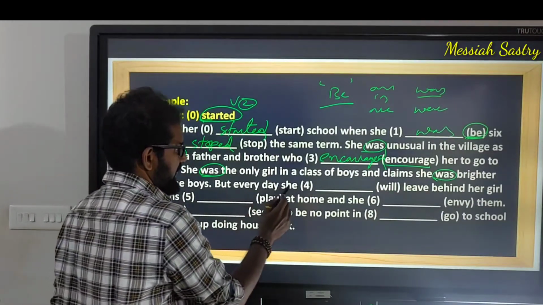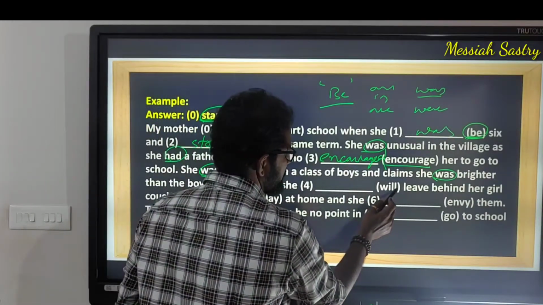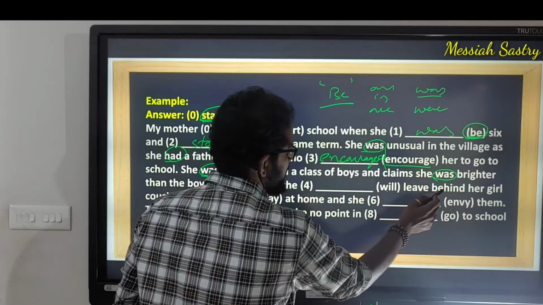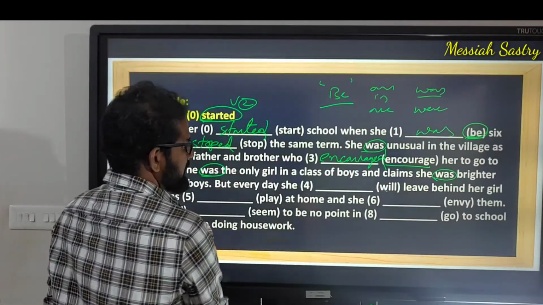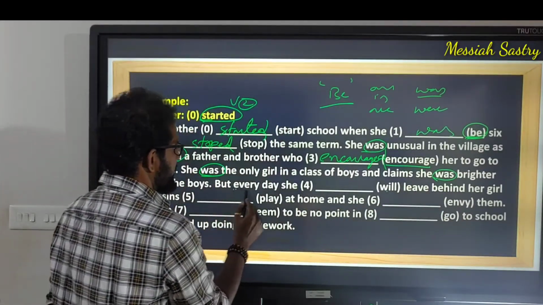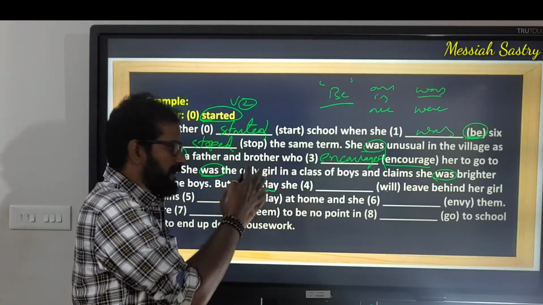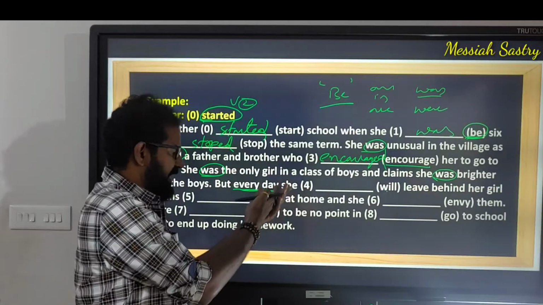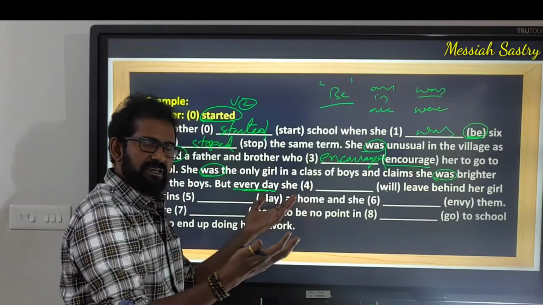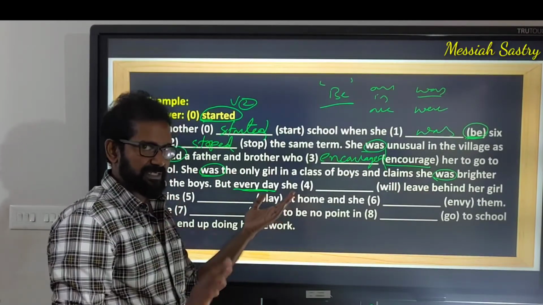But every day she, leave, will leave behind her girl cousins. See here, normally when you talk of habitual actions, everyday actions, we are supposed to use simple present.